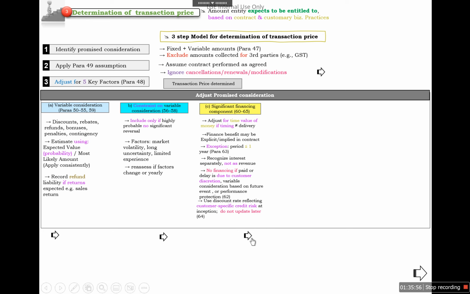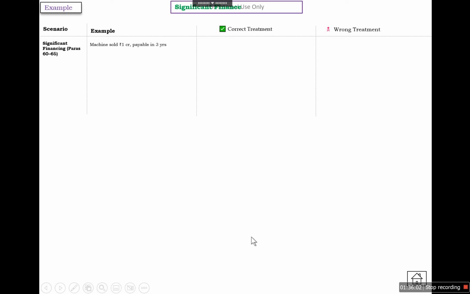So let's discuss some examples related to significant financing components. A machine is sold at 1 crore that is payable in 3 years. So we need to discount to present value and recognize interest separately. Recording 1 crore revenue immediately is a wrong treatment.